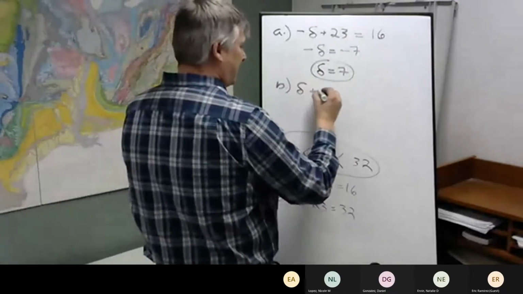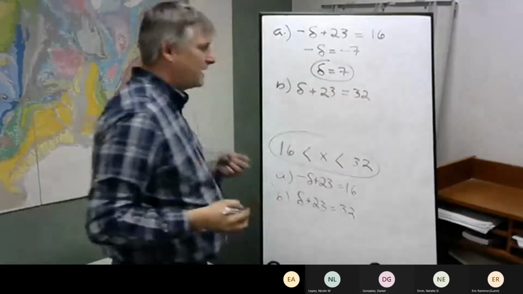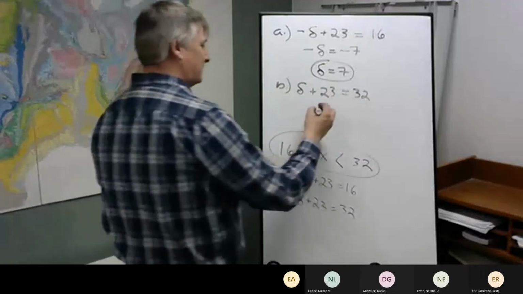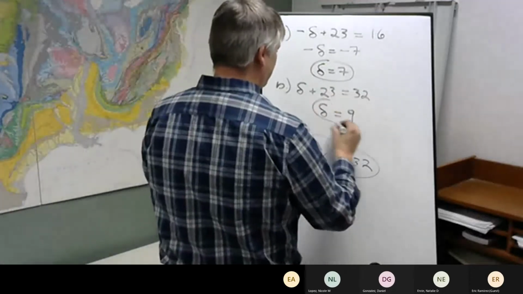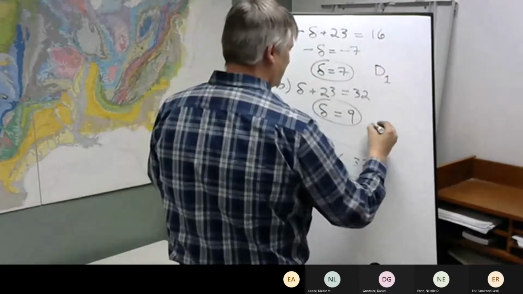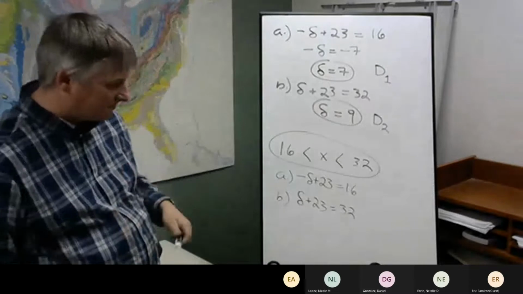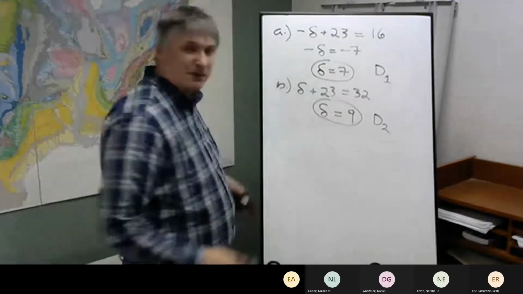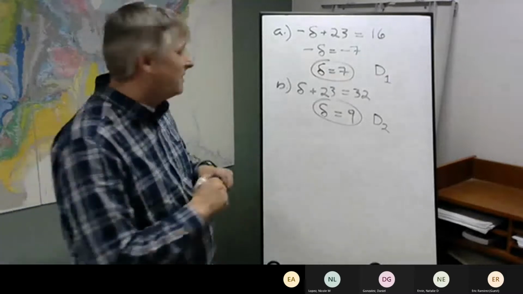The other possible value for delta satisfies this. Subtract 23 from both sides. Delta is equal to 9. So this is our D1, and this is our D2. So again, we're going to let delta be the smaller of the two. We're going to let delta be 7.